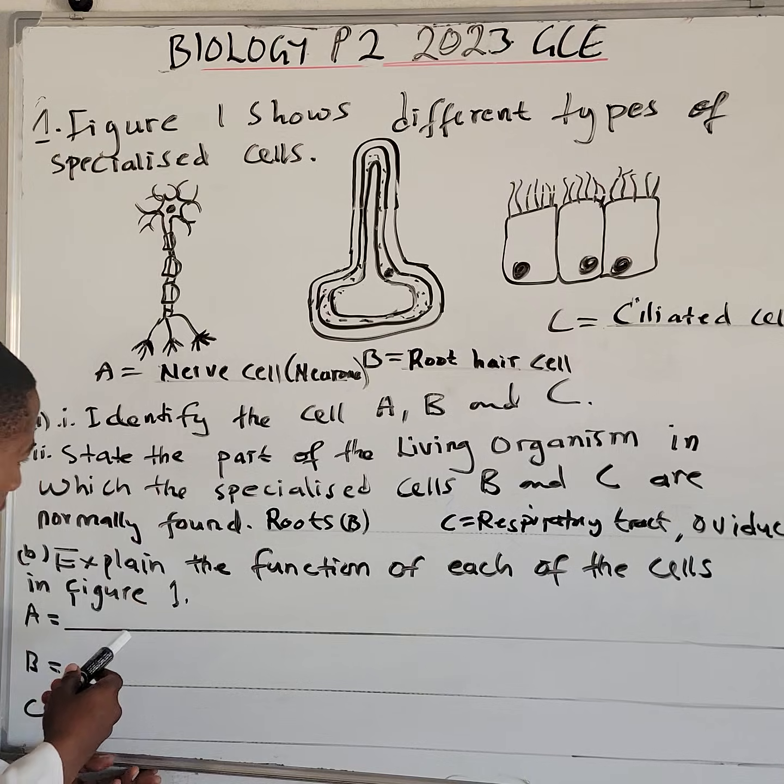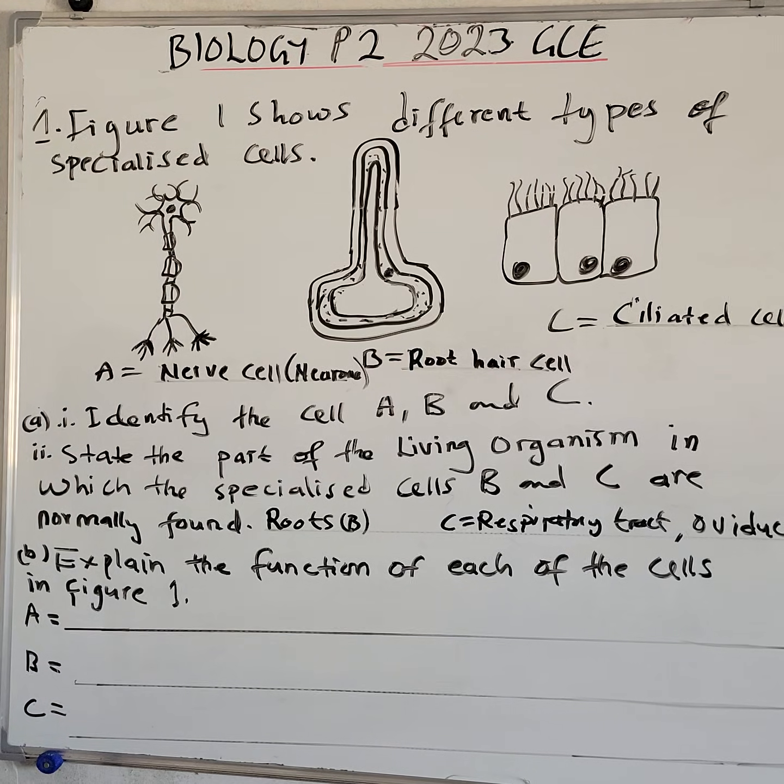Right. Explain the functions of each of the cells. Okay. So cell A, we say it's a nerve cell. What does it do? We are going to say it transports electric impulse.